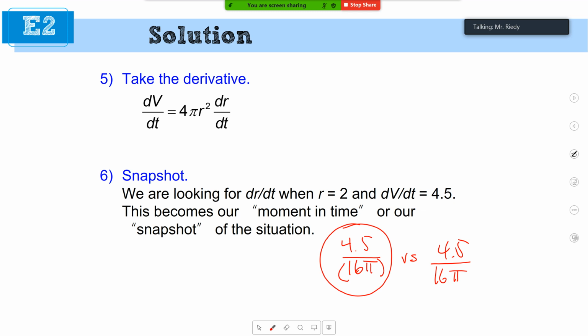In this first case, the calculator is going to say, take 4.5 and divide it by the product of 16 times pi. In this second one, the calculator says, take 4.5, divide it by 16, then multiply it by pi. This is no good. This is good.